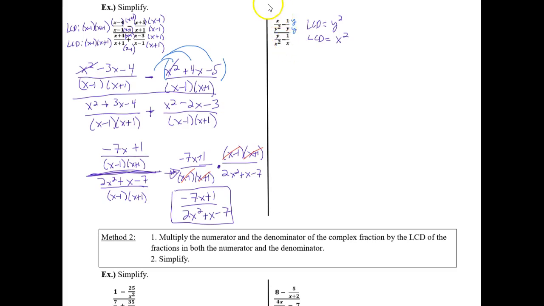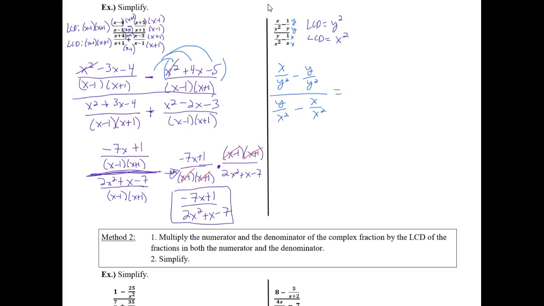So I multiply by another x, both the numerator and denominator of that fraction. Now I rewrite them. So x over y squared minus y over y squared, right? 1 times y. In the denominator, we have y over x squared minus x over x squared.